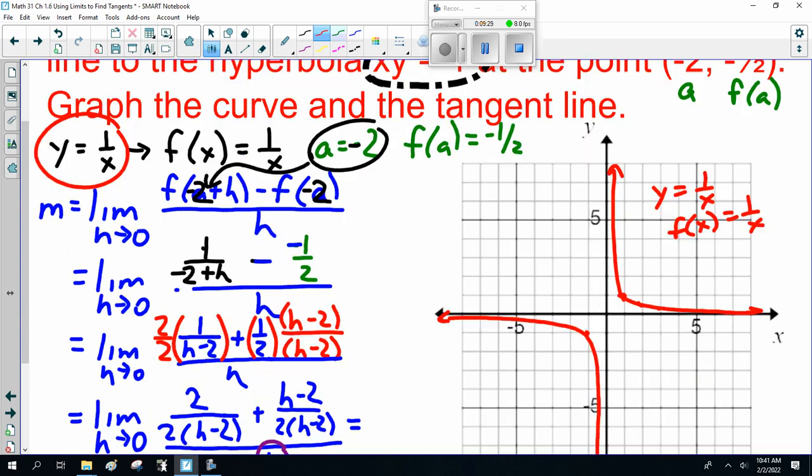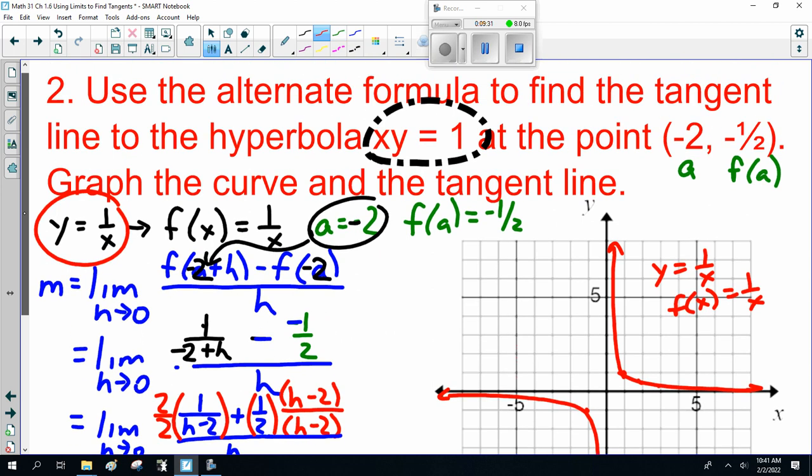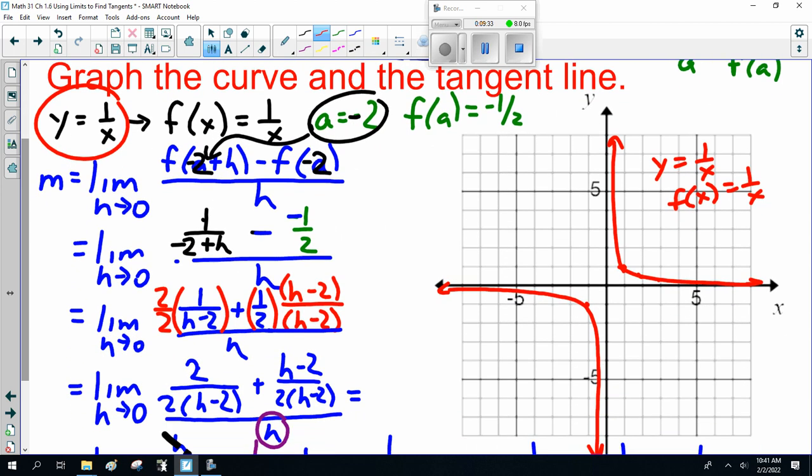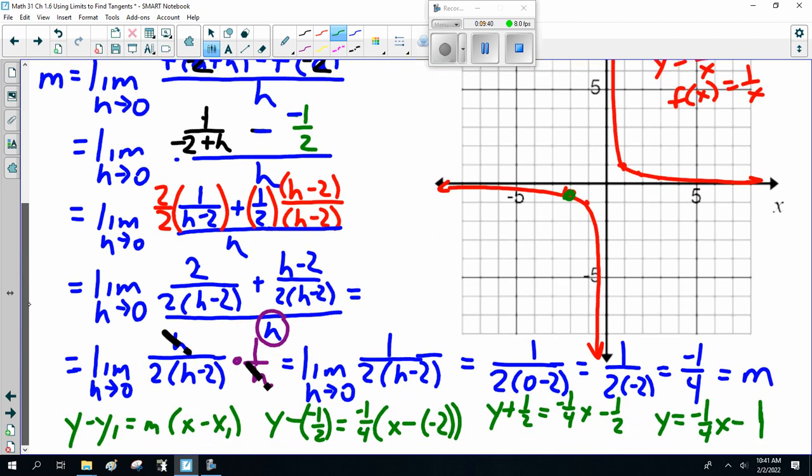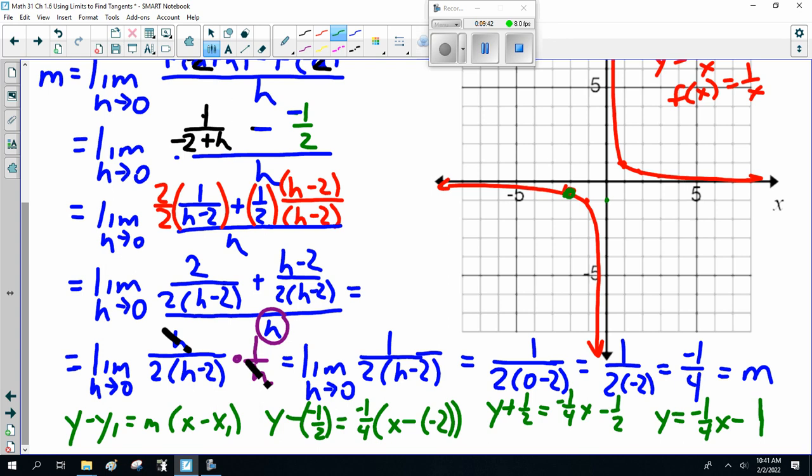Now the tangent at the point minus 2 comma minus a half, and I'm saying that's y equals minus 1/4 x minus 1. So on your graphing calculator, that's what you should be getting.